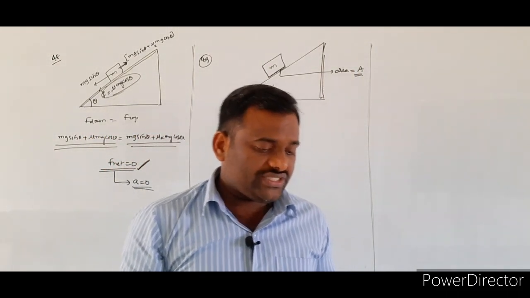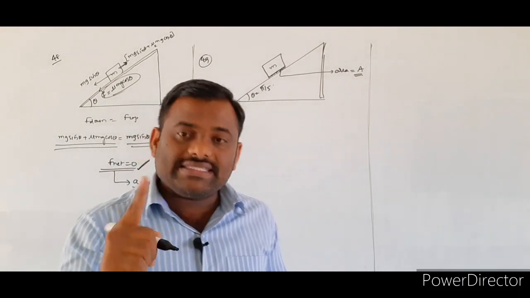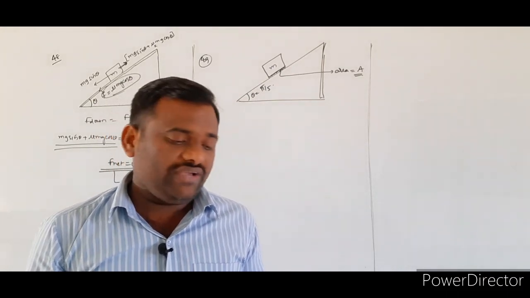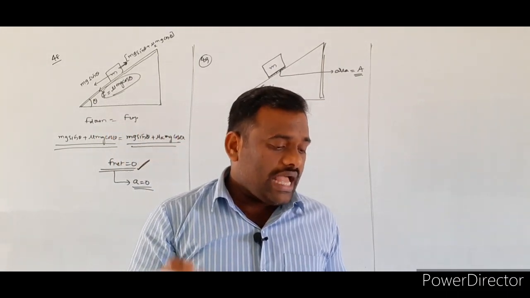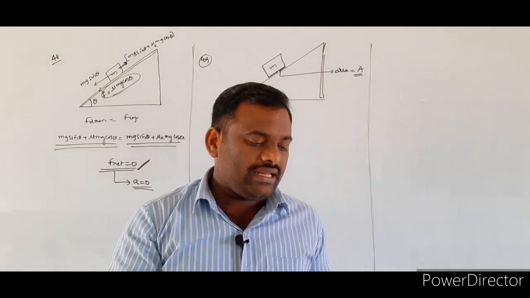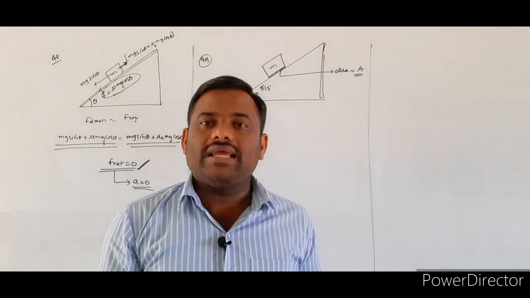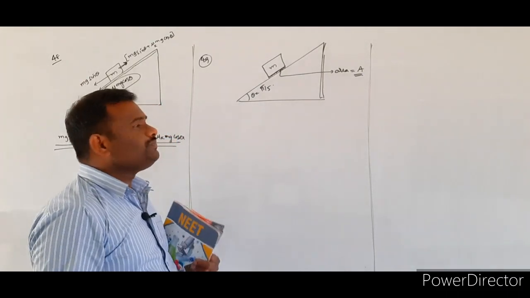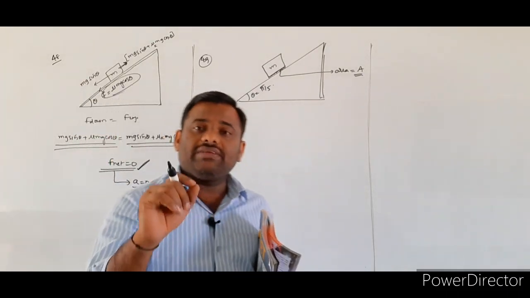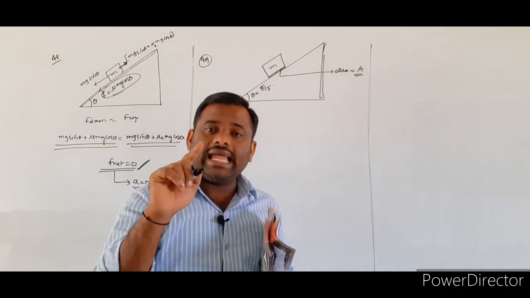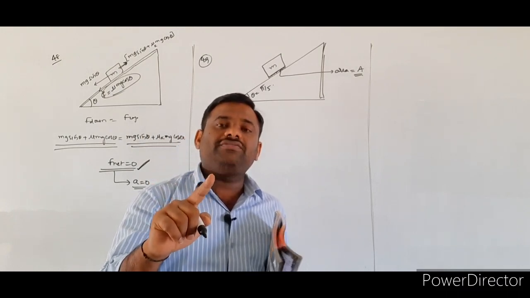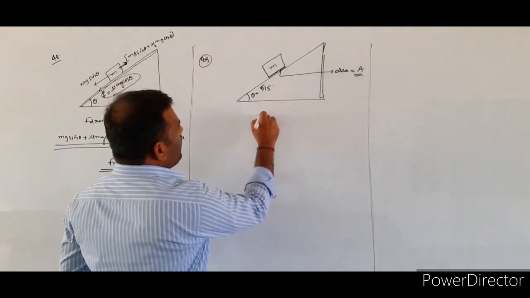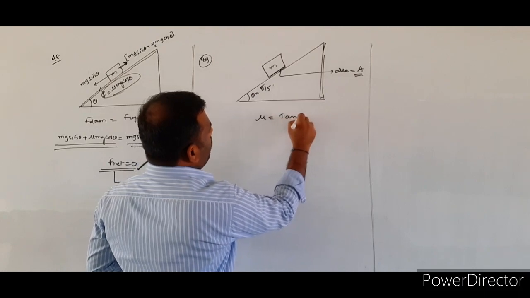Next, keeping the mass of the block the same, if the surface area is doubled, the angle of inclination of the plane at which the block will be sliding is. So, the angle of inclination at which the block will be sliding is nothing but the angle of repose, or the angle of friction.